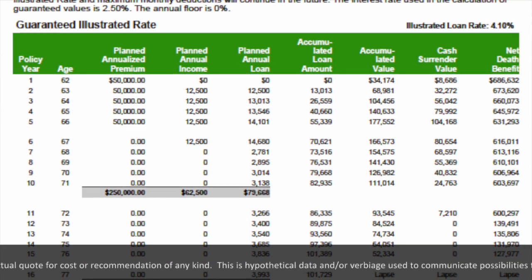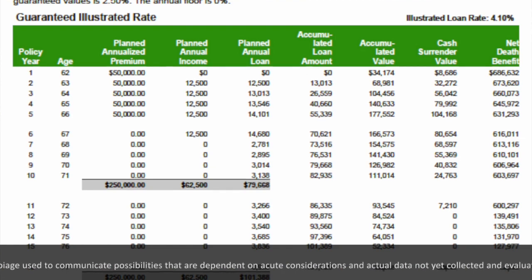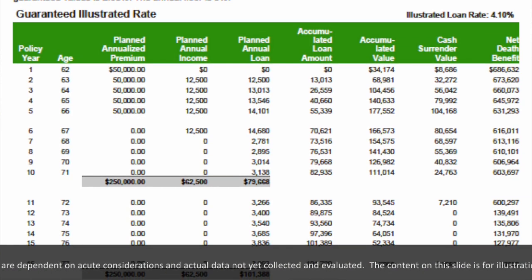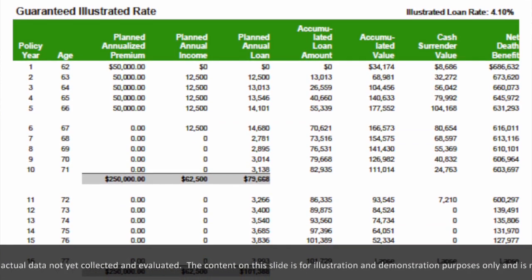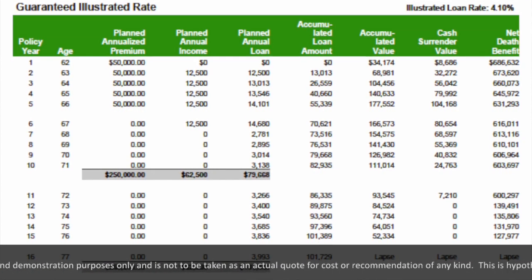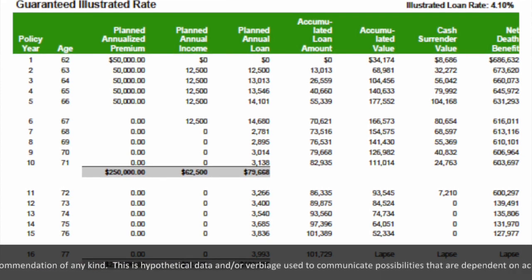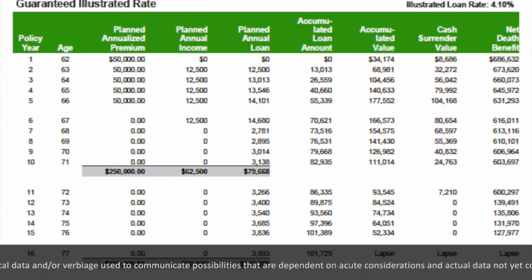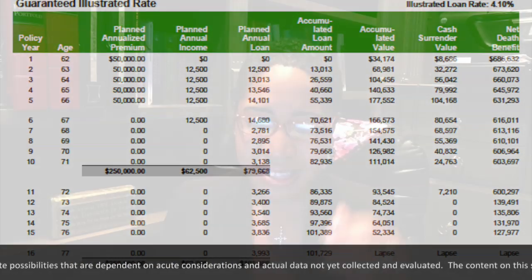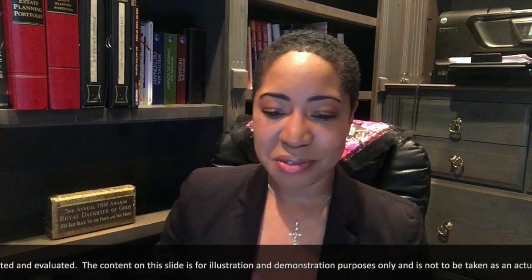The cash surrender value figure is a reflection of what, based on the previous columns, would be provided to the insured or policy owner should they cancel the policy. And then the net death benefit, and all of that is showing you what that would look like on an annual basis using the guaranteed illustrated rate.